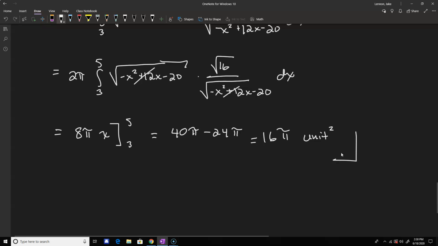So that's it for this section. Again, very similar to the arc length section. The formulas are kind of similar. They're computationally difficult, but you just kind of plug things in and do algebra till everything simplifies.